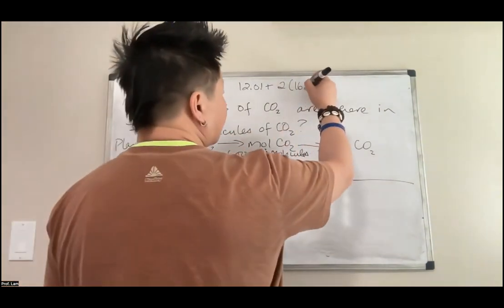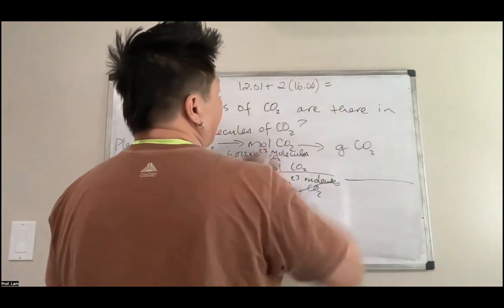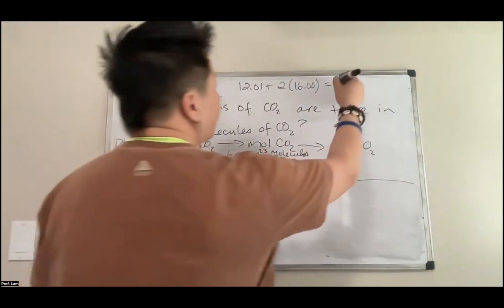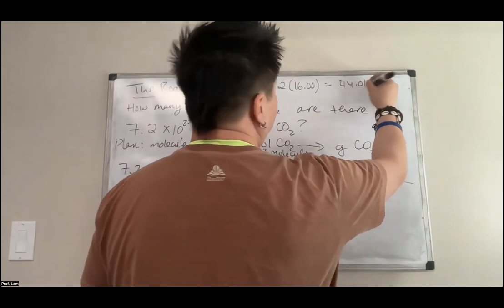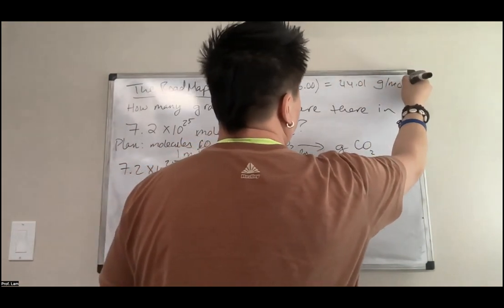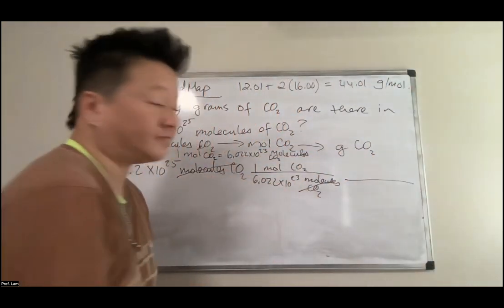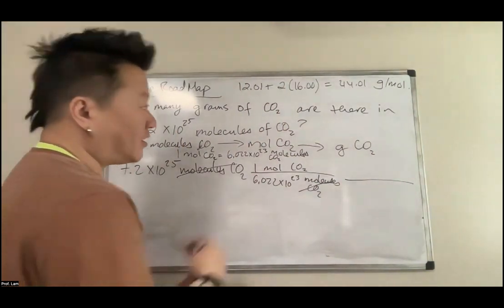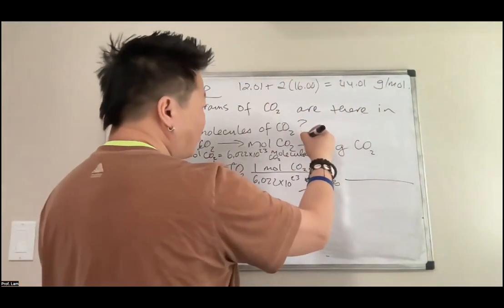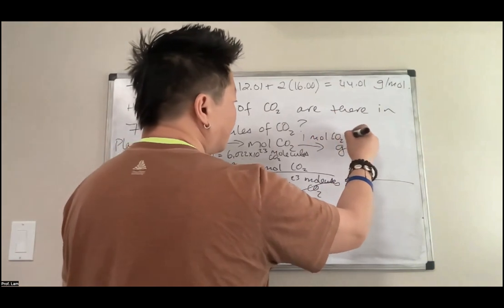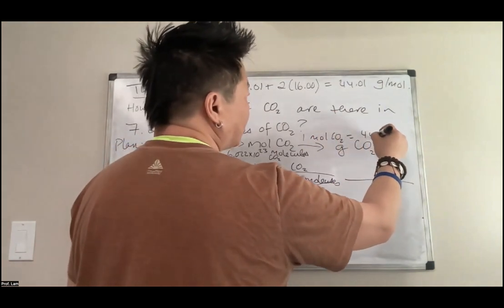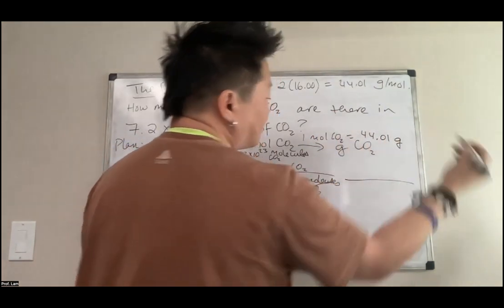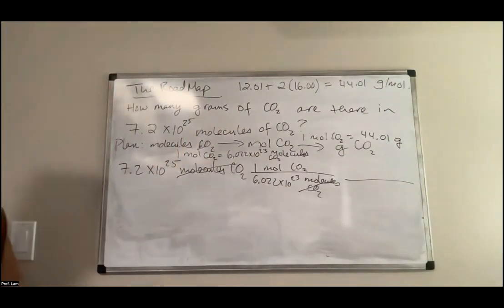So 2 times 16.00, we're going to get 44.01 grams per mole for CO2. Okay. So then our equivalency is 1 mole of CO2 is equal to 44.01 grams, right? So get that equivalency going.